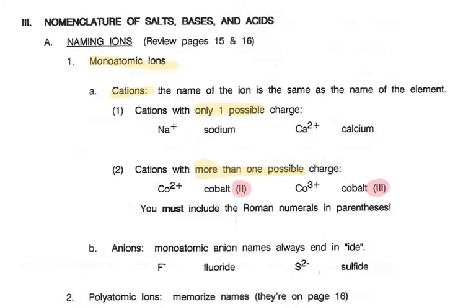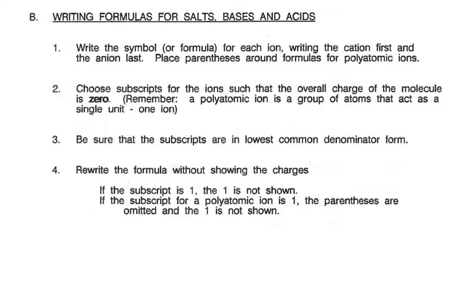Our third option is that we have a polyatomic cation, and that is ammonium. That's the only one that we have. Next we have the anions, and the anions, again, are always going to end with "ide" if they're monoatomic. Then we have the list of polyatomic ions, and you'll need to have those memorized in order to do this set of problems.